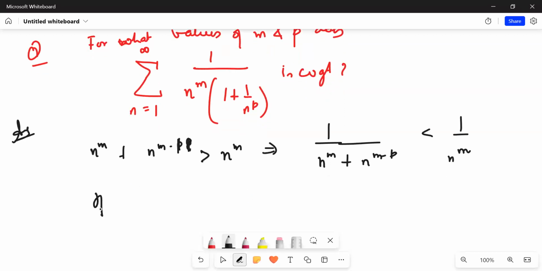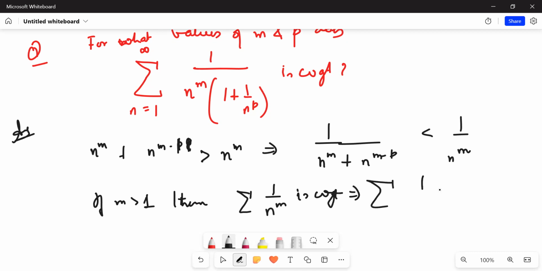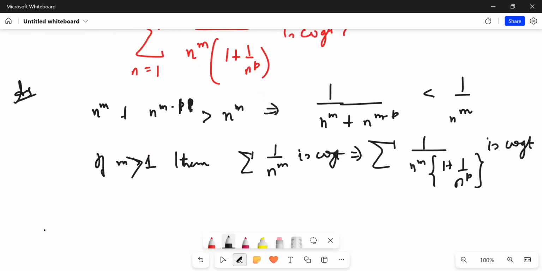Now, if m is greater than 1, then summation 1 upon n raised to power m is convergent, which implies that summation 1 upon n raised to power m into 1 plus 1 upon n raised to power p is convergent. So here it does not depend upon p, but it depends upon m. So the condition is that m should be greater than 1 and p may belong to any real number.